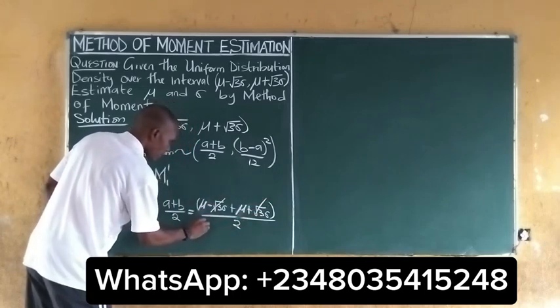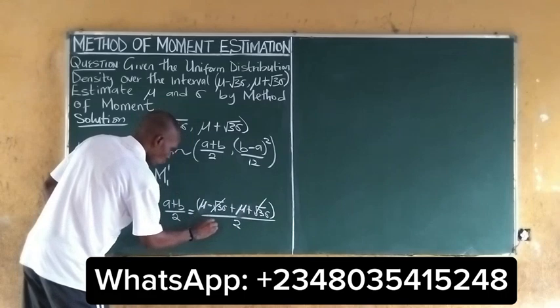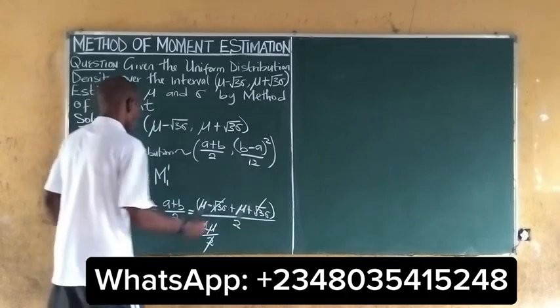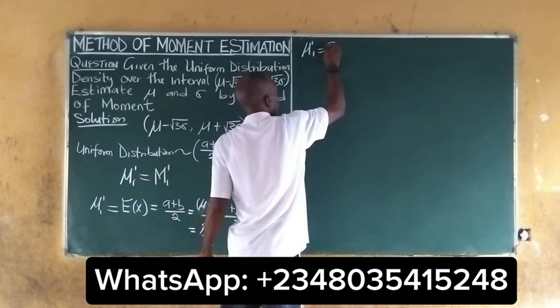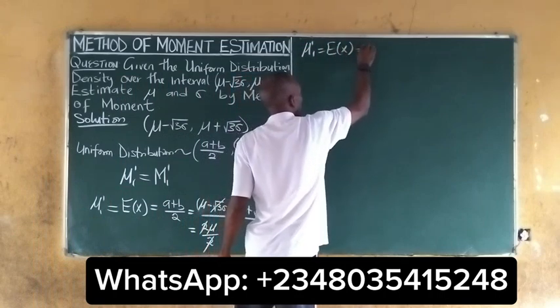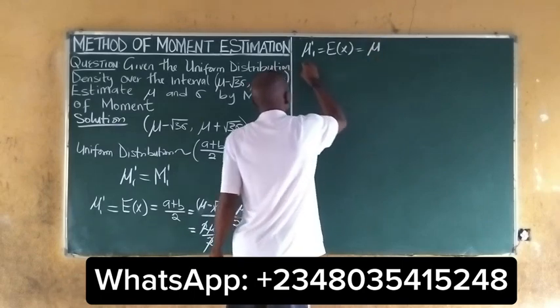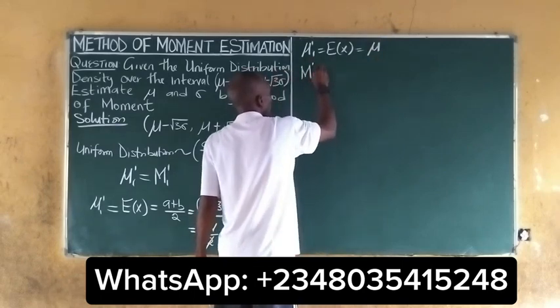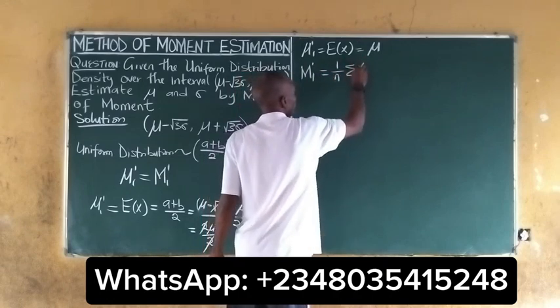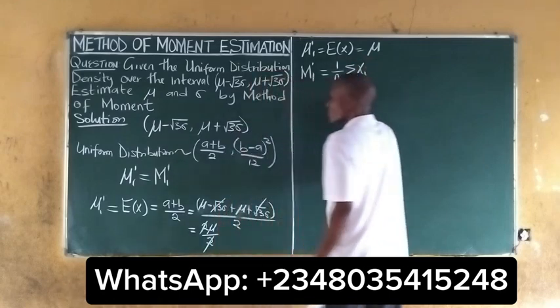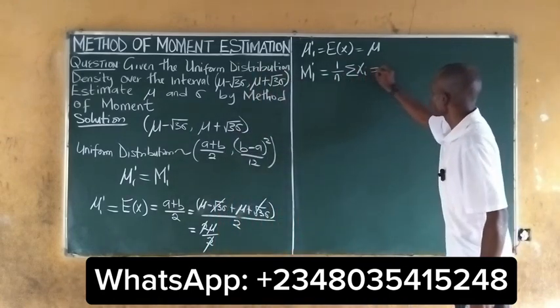We will now be left with 2 mu all over 2. And if it cancels, it means that our population mean, which is expected value of x, is equal to mu. Our sample mean is equal to 1 all over n summation of xi. And we know that this is equal to the mean.